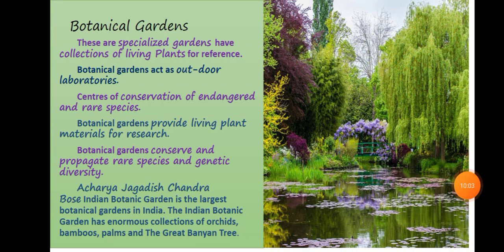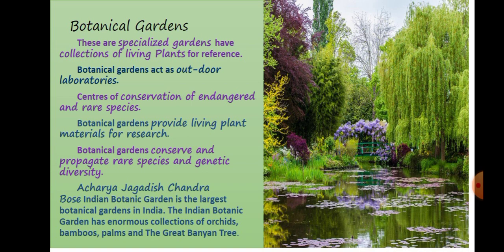Then how to define botanical gardens? They are specialized gardens that have collections of living plants for reference. Plant species in these gardens are grown for identification purposes, and each plant is labeled indicating its botanical or scientific name and its family.